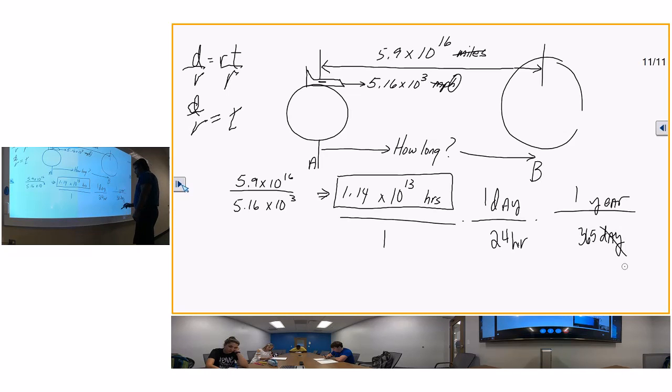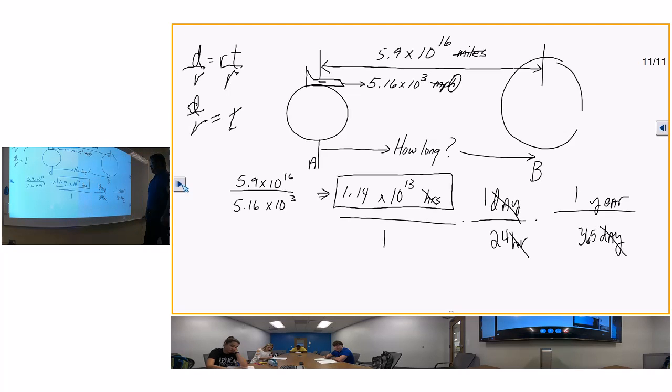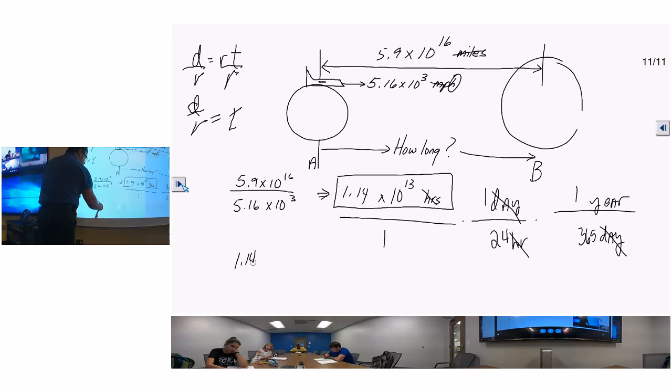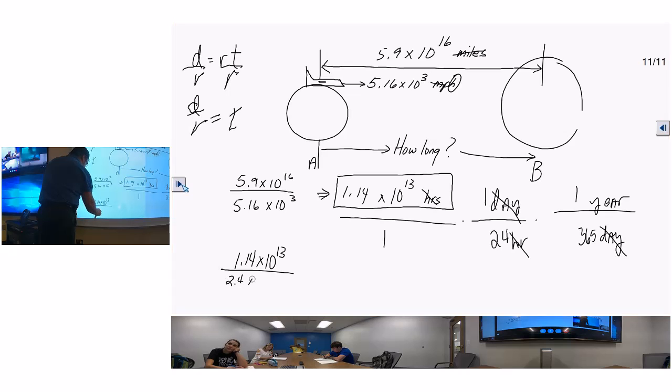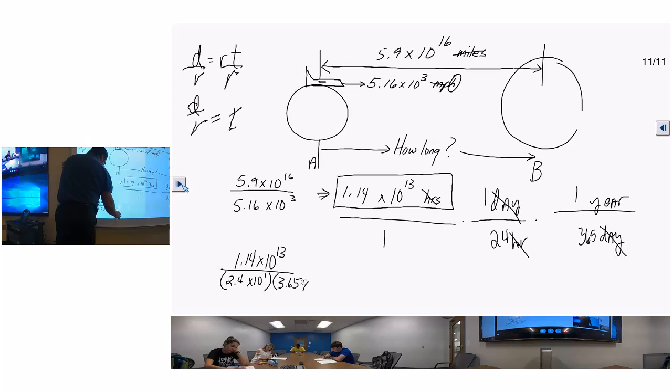So if I cancel the days out, cancel the hours out, somebody take 1.14, okay, let's do this by scientific notation. 1.14 times 10 to the 13th divided by 2.4 times 10 to the first times 3.65 times 10 to the second.